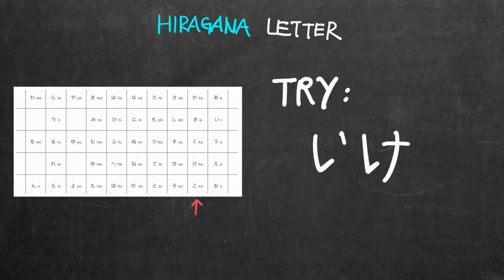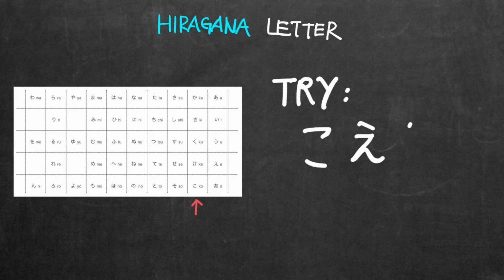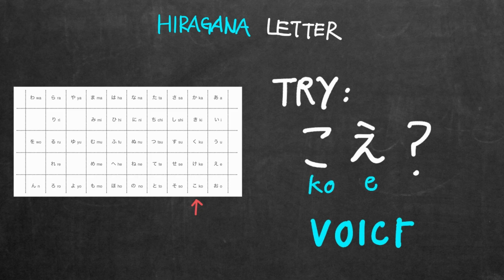Another 3 seconds for you to try. This is the letter I and ke. Together they are read as ike, which is pond. Our last try for this session. This is the letter ko and e. Together it is koe, which means voice.